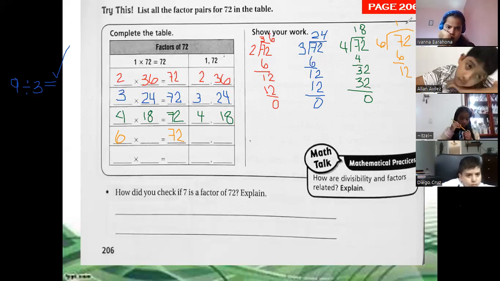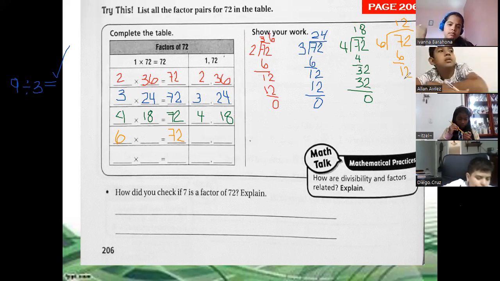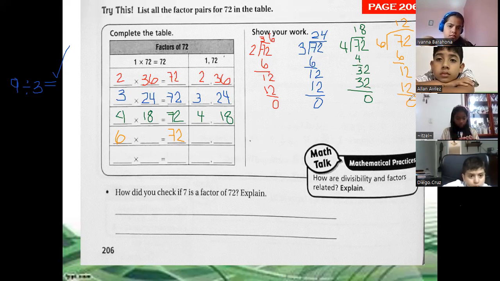Now 12, 6 times 2. What are the 2 factors? The first one is 6. And the second one? 12, exactly. The second one is 12. So here it is, 6 and 12.